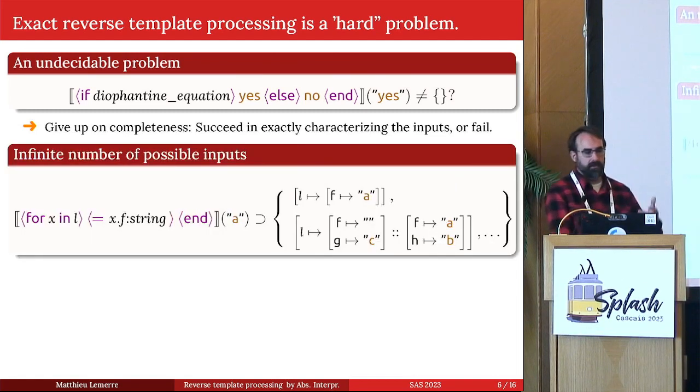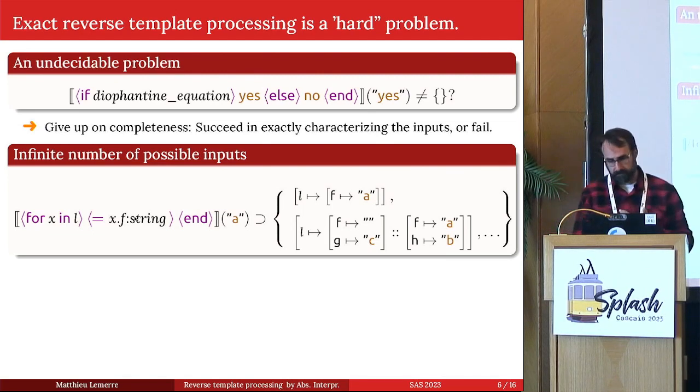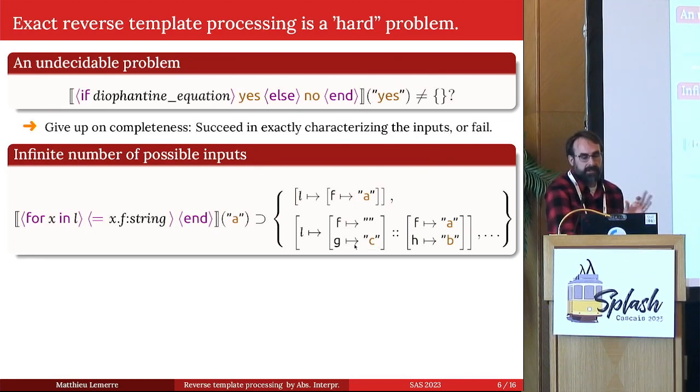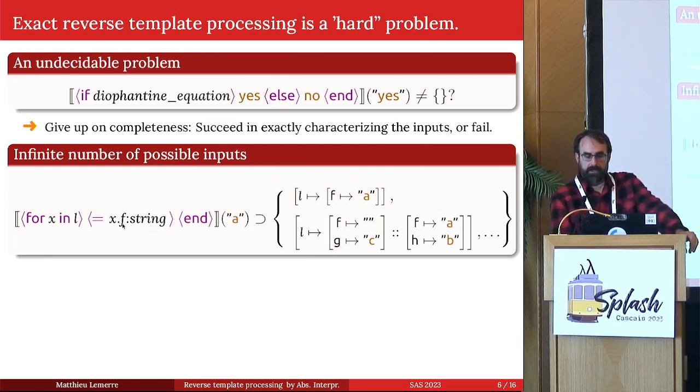Another problem is that the possible inputs are infinite. I said that you can always add more fields in the database that are not mentioned in the template. Of course this will create an infinite number of databases, but you can also have an infinite number of list elements in some cases. For instance, here, I iterate on a list and I print every element in the list.